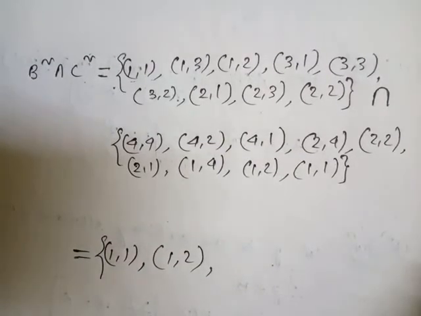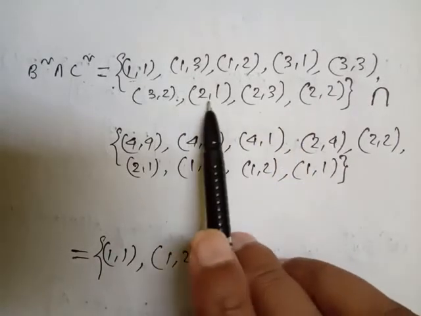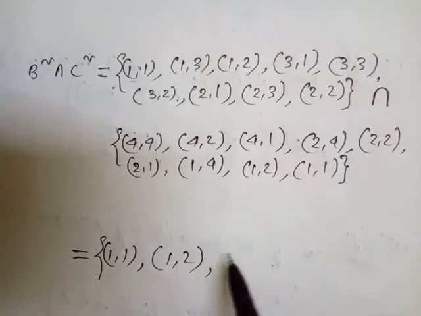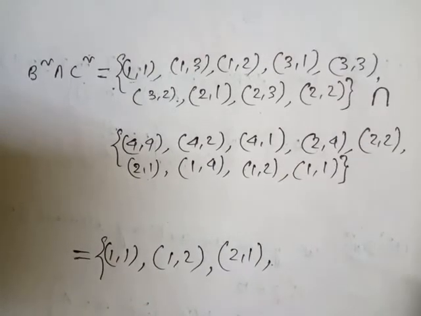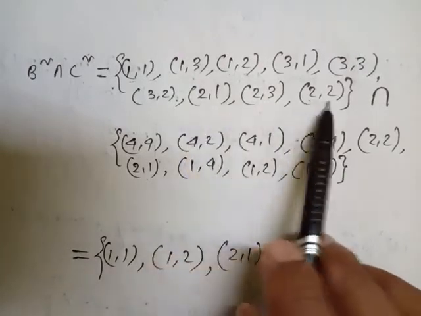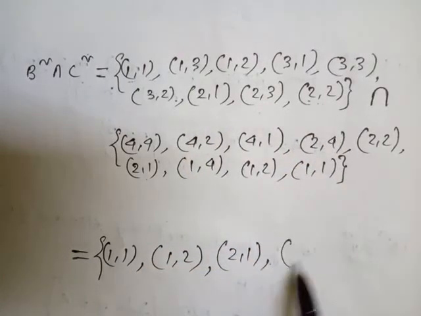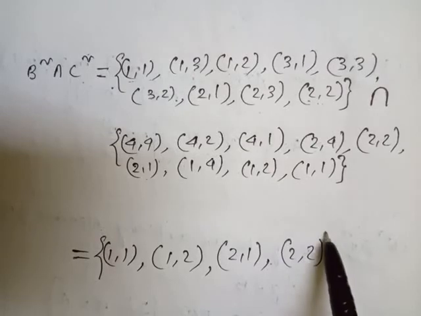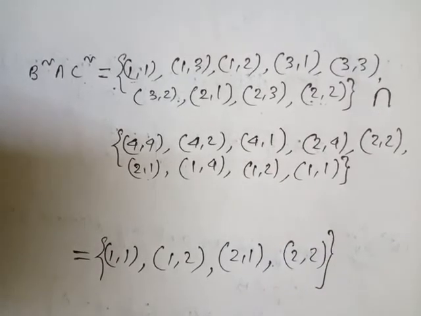Next 2 comma 1 is common, so 2 comma 1. And the last one, 2 comma 2 is common. In intersection we take the elements that are common.